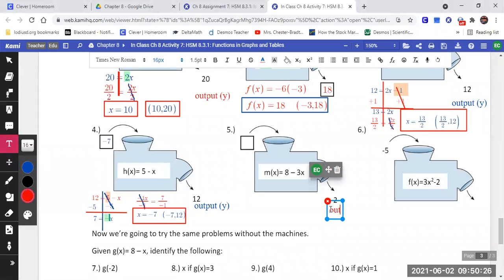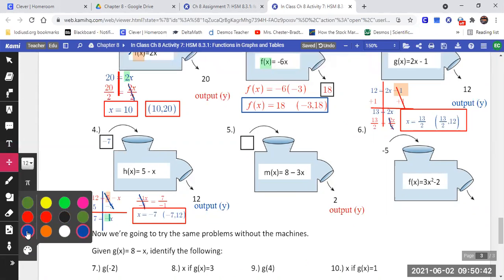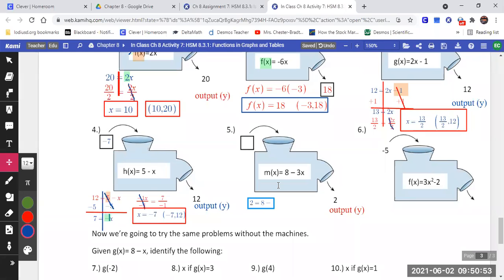Yeah, it's an output, which means it's replacing the y. And we know the y is before the equal sign. So my equation, because I'm replacing with the number they told me, 2, is 2 has to equal 8 minus 3x. And we have to solve for that x.